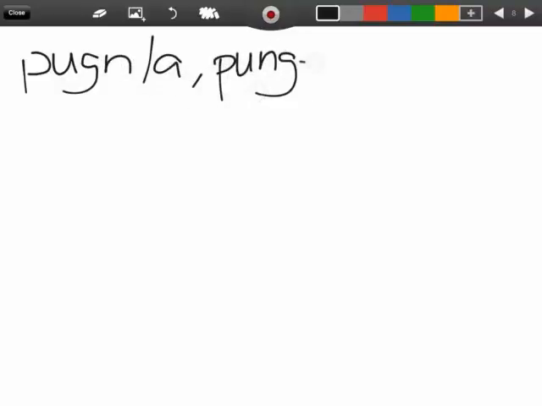Moving on to our next root, which is pugn or pugna or pung, meaning to fight. I'm going to use this root to come up with a word for you, and that word is repugnant.